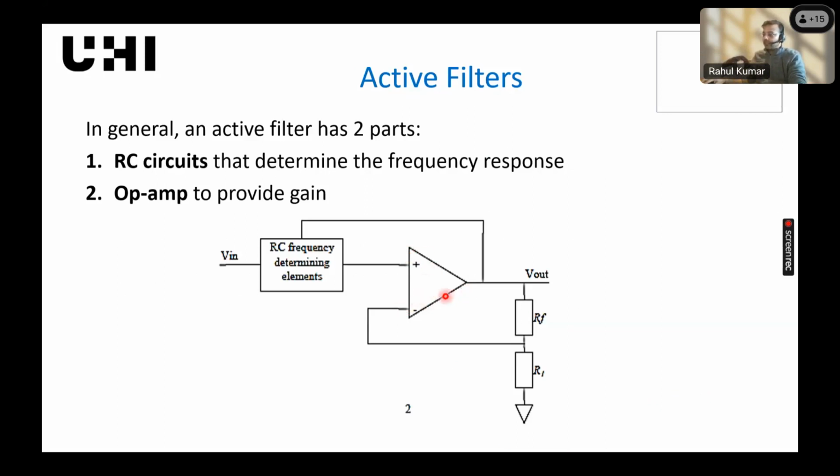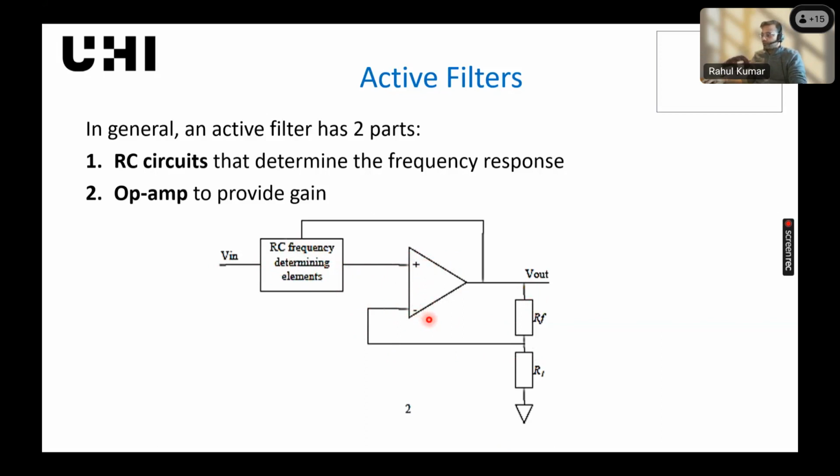In an active filter, we have an op-amp and an RC circuit at the input. This RC circuit at the input is connected to the non-inverting terminal. Then you have a feedback connected to the inverting terminal.